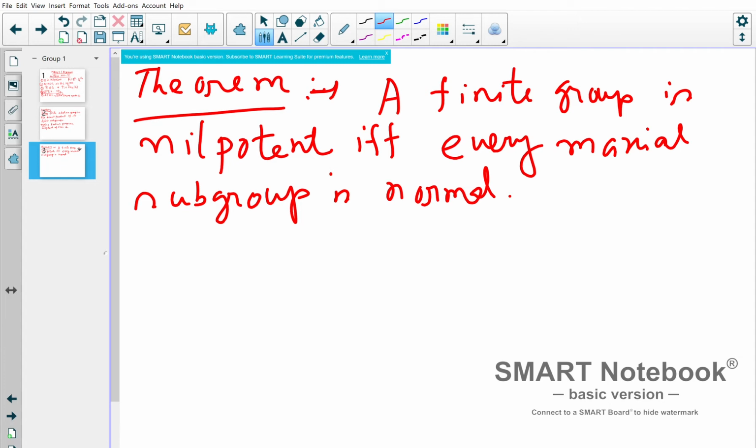Yeah. So there are two parts. For one part it is straightforward, but for the second part I need something, so let me start with the proof and then I will tell you.